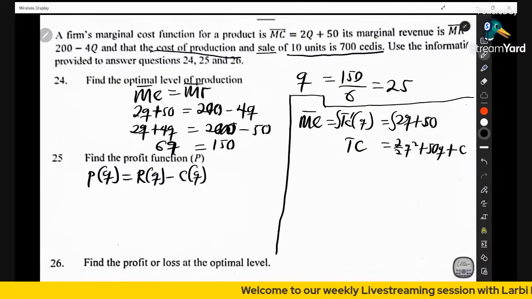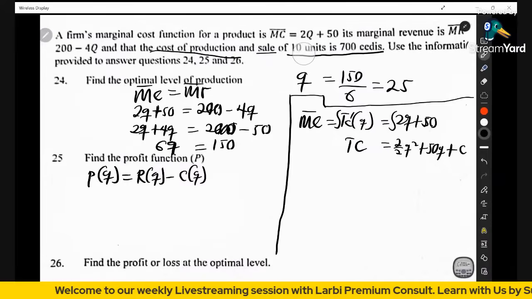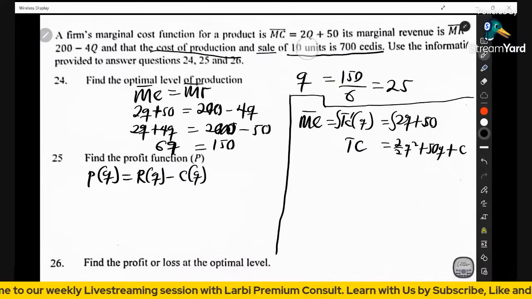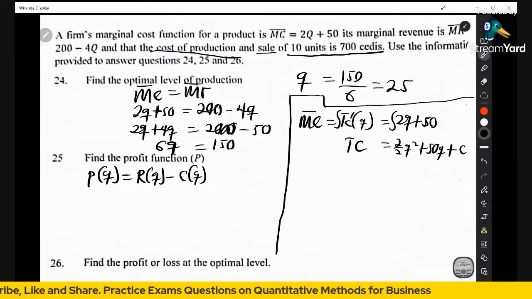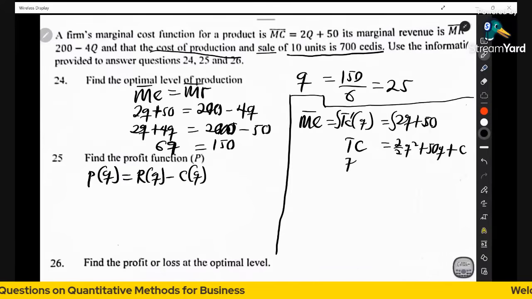But remember we were given that the cost of production and sale of 10 units is 700. So we can use this information to get the total cost function. If Q is 10, then our total cost should be 700.